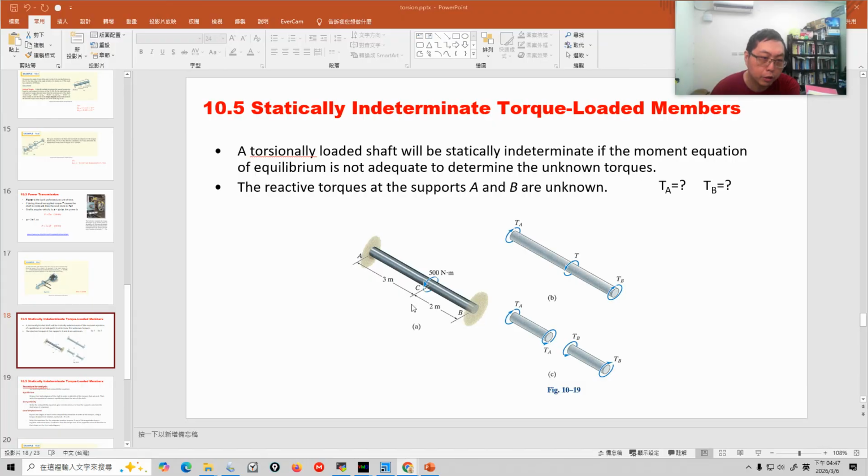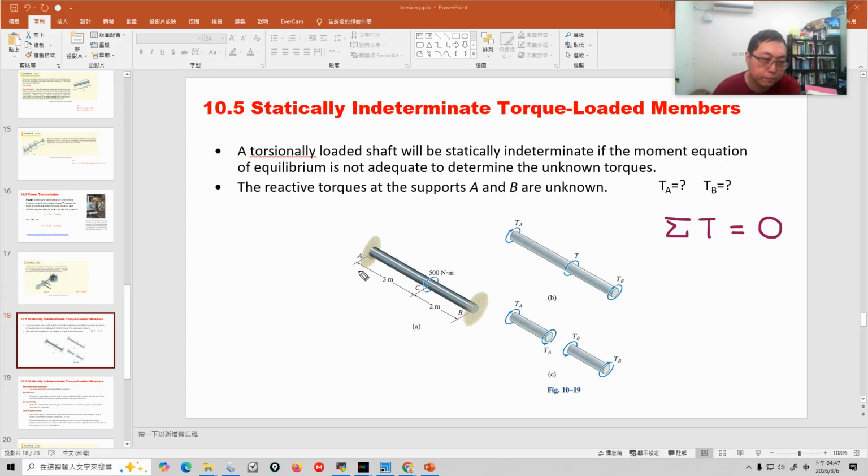In this problem, we don't have to consider force because we only apply a torque, so we only have to consider the torque balance. Because of rigid body equilibrium, the summation of torque is equal to zero. We have the applied torque here, and we have reaction torques at A and B.